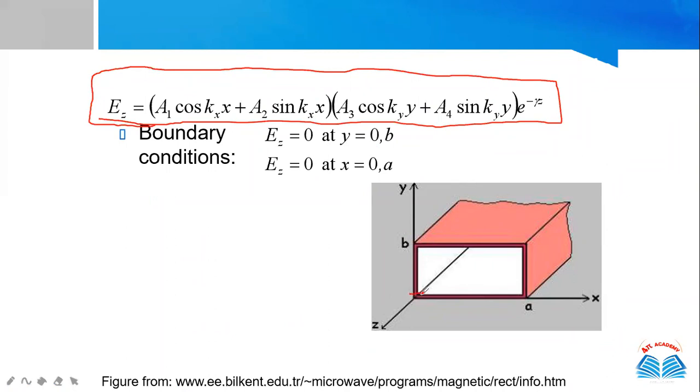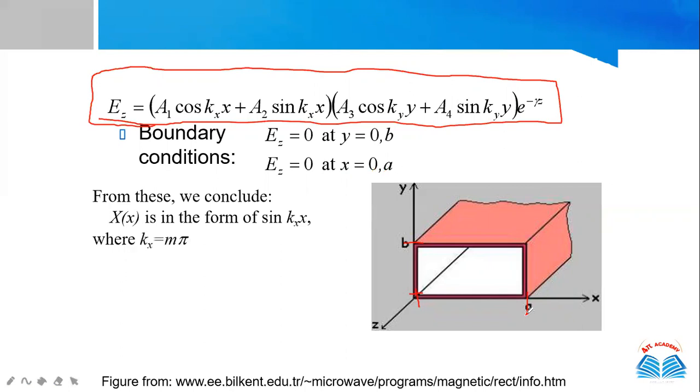So here and here, at these two points, Ez is 0. Obviously, we can see in the diagram. And Ez is 0 at x equals 0 and a. Again on this point and on this point, the Z component of electric field is 0. So these are the two boundary conditions we are applying, and we are getting this type of results.